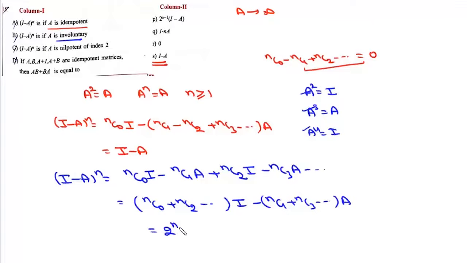So it will be 2 to the power of n minus 1 and simply I minus A, and that's your option P. So this B matches with P.